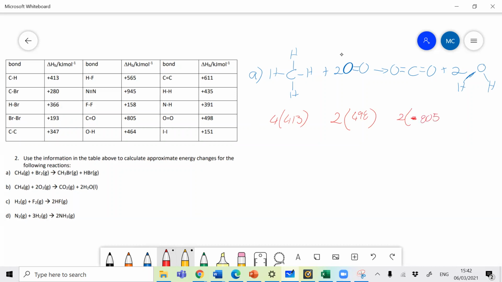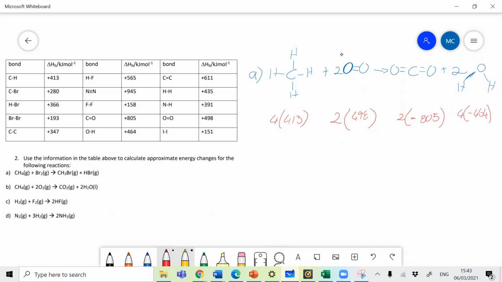And again, we're doing the minus because we have an exothermic reaction, the bond making, okay? And we will have 4 OH bonds. So 4 times minus 464. Remember, it's 4 OH bonds because you have 2 waters and each water has 2 OH bonds, okay?